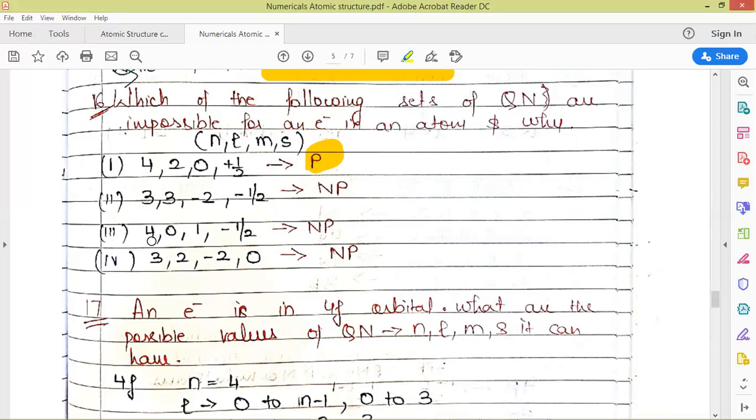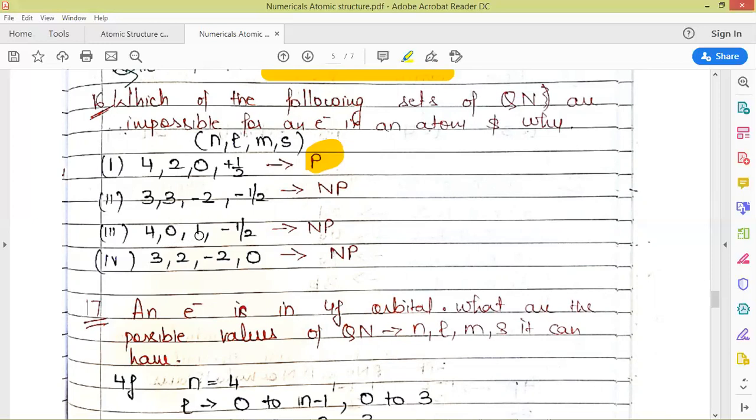Next we have n as 4, and values of L can be 0 to n minus 1, so it is possible. Next we see the value of M as 1. So n is 4, and based upon this, L can be 0 to n minus 1, that is 0, 1, 2 and 3.